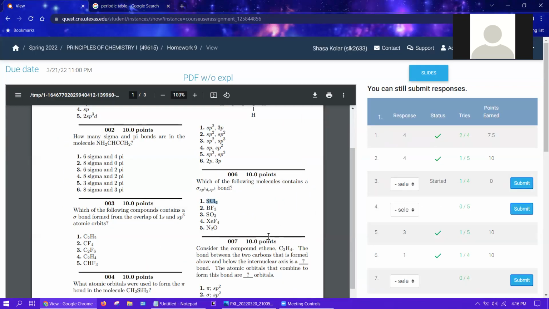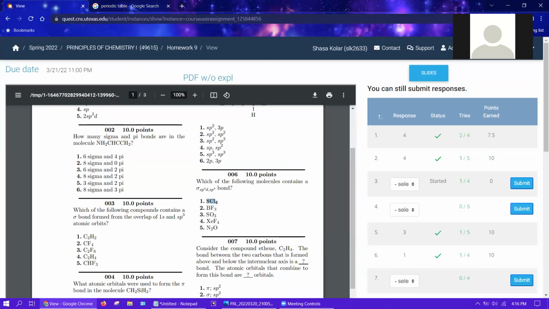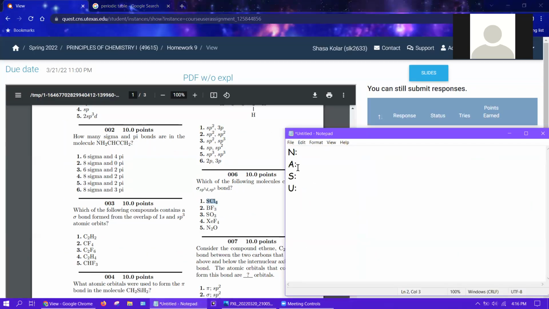I assume our teacher isn't going to give us those unless she tells us how many valence electrons they have, because otherwise that would be a little bit complicated. But I'd assume it'd just be 2 plus however far along it would be there. So that's what A is. You just add those up. Then S is N minus A, and then U is A minus S.